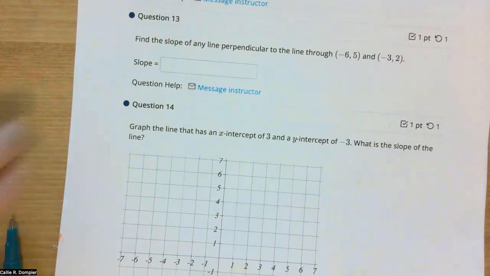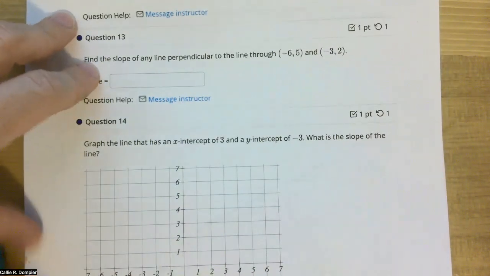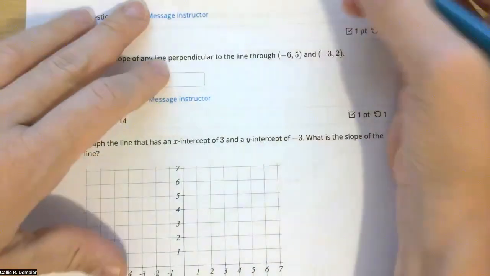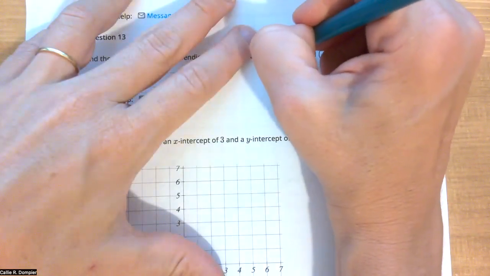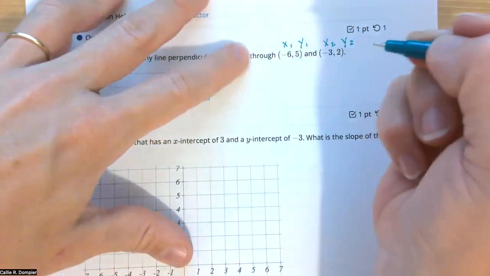Question 13, find the slope of any line perpendicular to the line through -6, 5 and -3, 2. Again, let's find the slope. x1, y1, x2, y2.